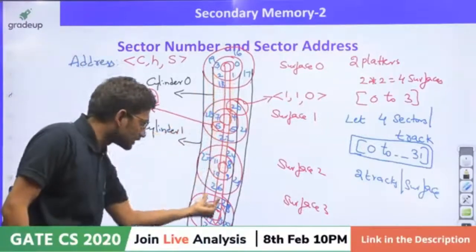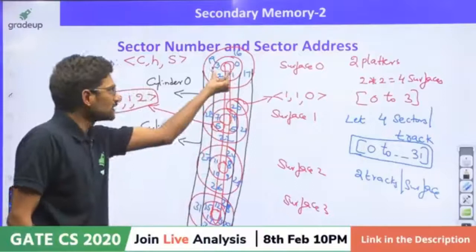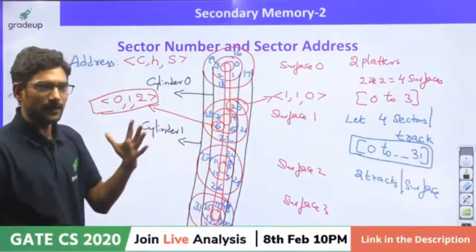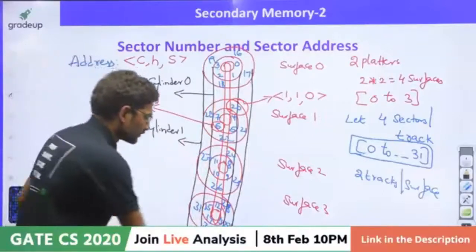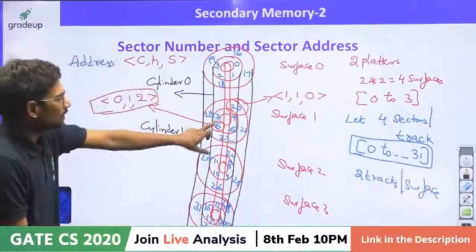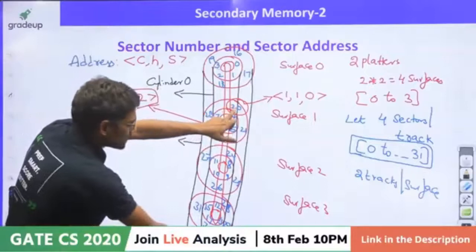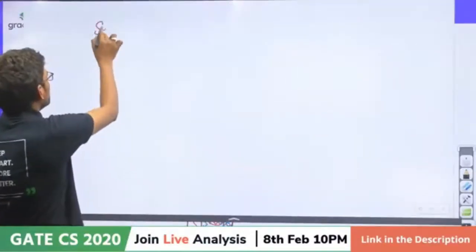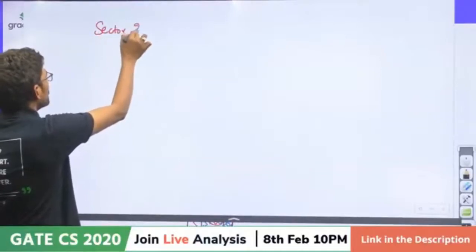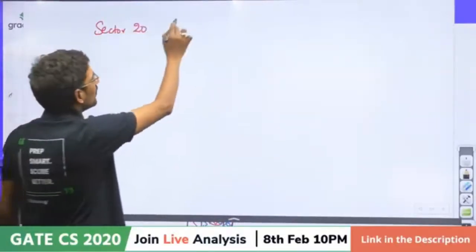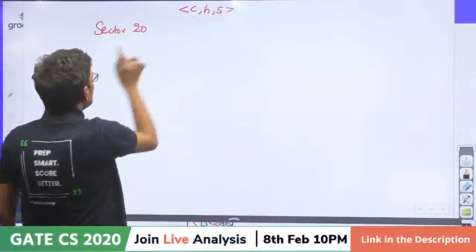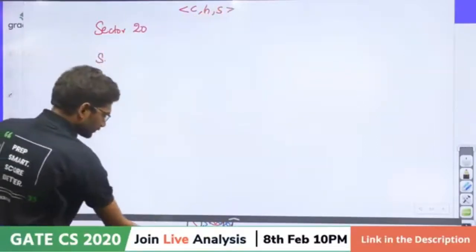Cylinder number is the first cylinder. Now please observe, what is the sector address we got for sector 20? And for sector 6, what is the CHS we got?